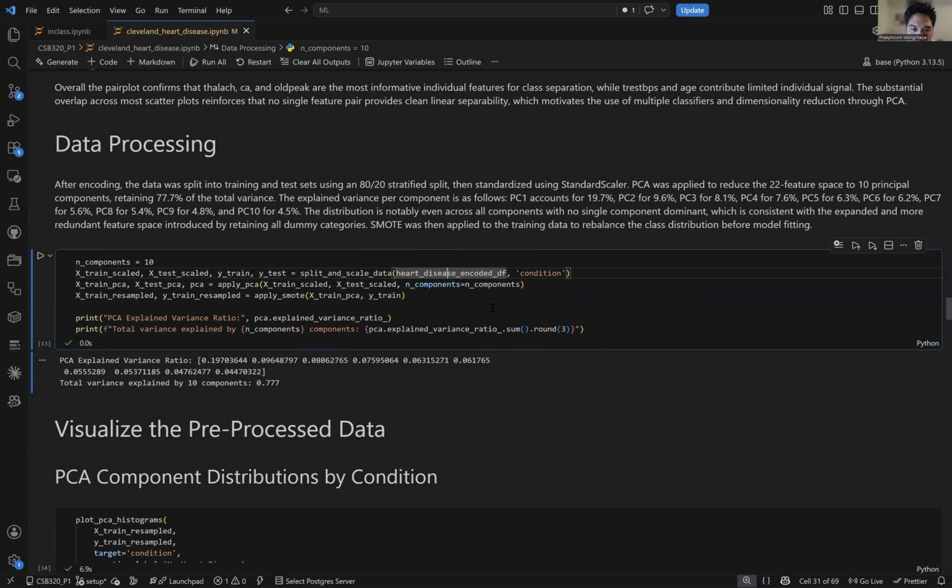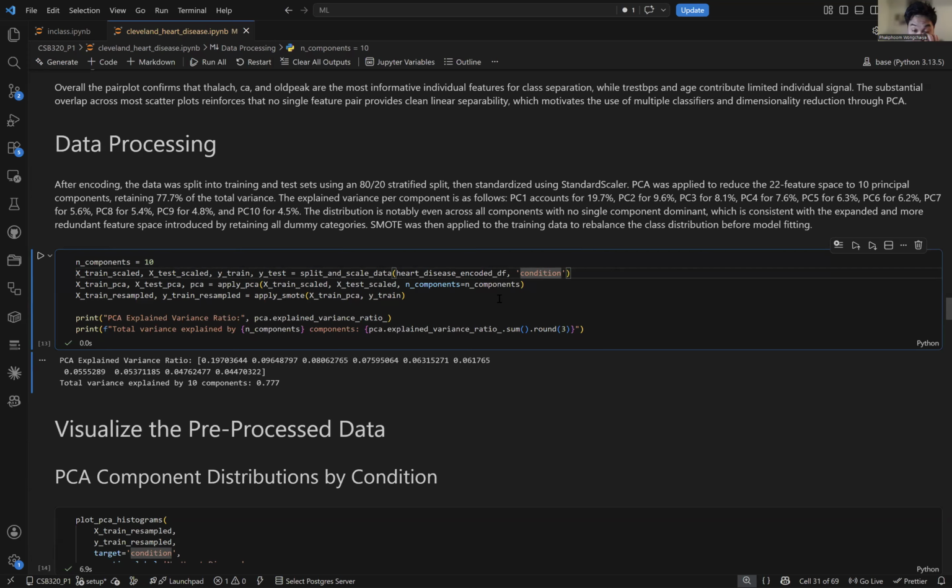So I chose to keep 10 principal components. Like I said earlier, we took out the target label. Still 22 feature components, I mean PCA components that it creates.